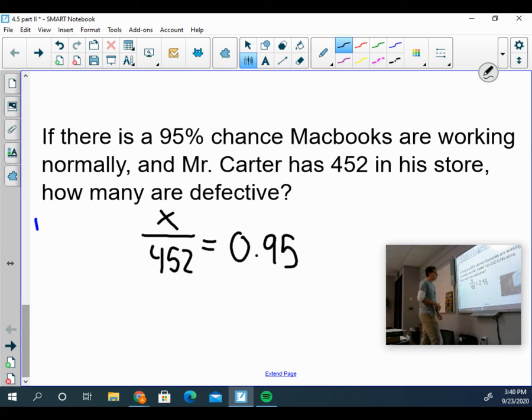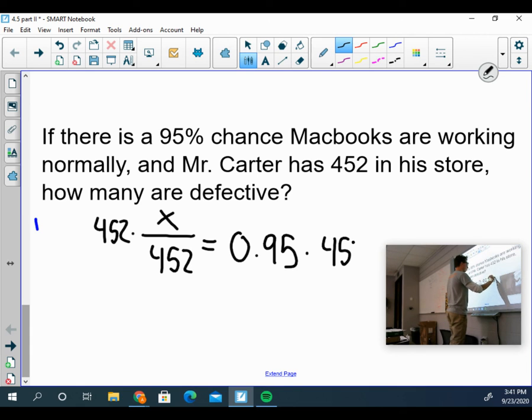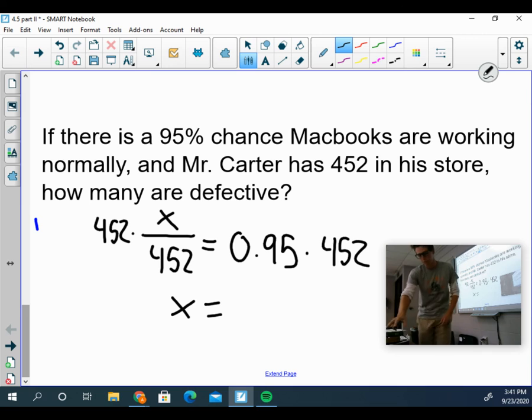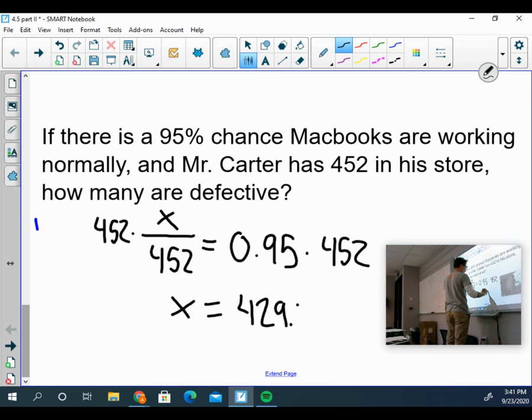Okay, so I'm going to multiply 452 by both sides to get my variable alone. And when I do that, I get 0.95 times 452, which gives me 429.4.